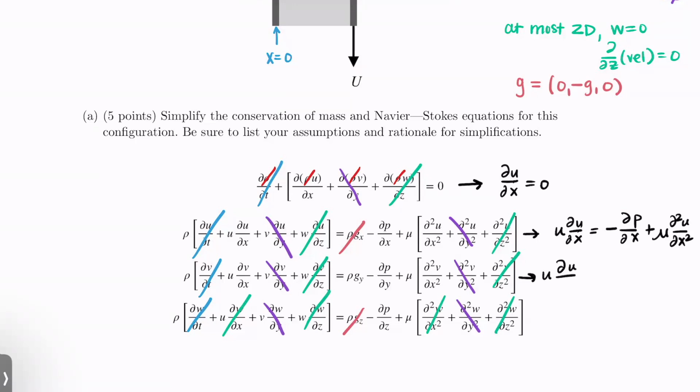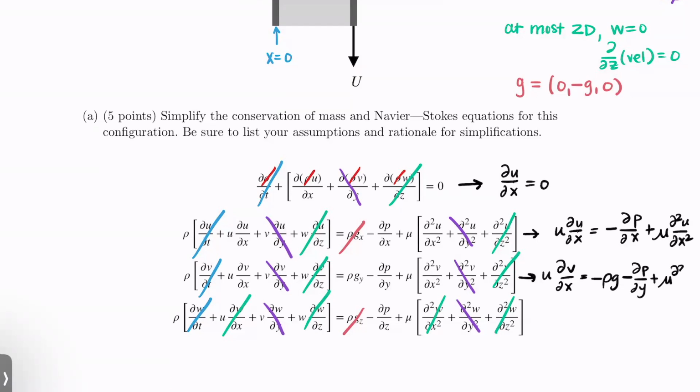So I have u times partial v partial x is equal to minus rho g minus partial p partial y plus viscosity times the second derivative of v with respect to x. And then our z component is just that: partial p partial z is equal to 0.